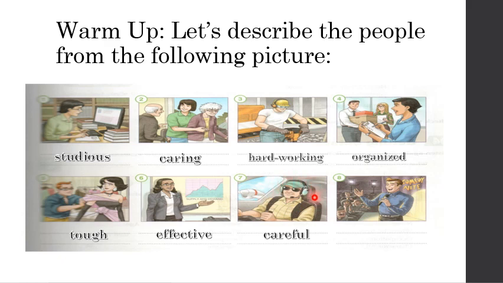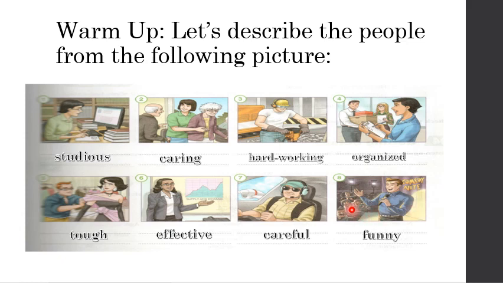Okay. And this picture, the last picture, what do you think of this man? Okay. If you take a look at this picture, you could say that this man is funny. All right.